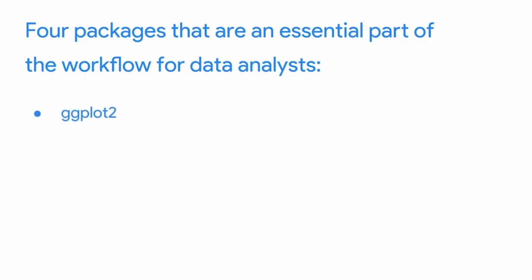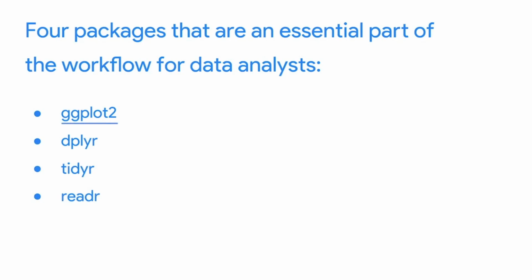They'll do their thing as you program. So what is their thing? Well, it depends. But there's 4 packages that are an essential part of the workflow for data analysts: ggplot2, dplyr, tidyr, and readr. You'll most likely use these more often than the others.